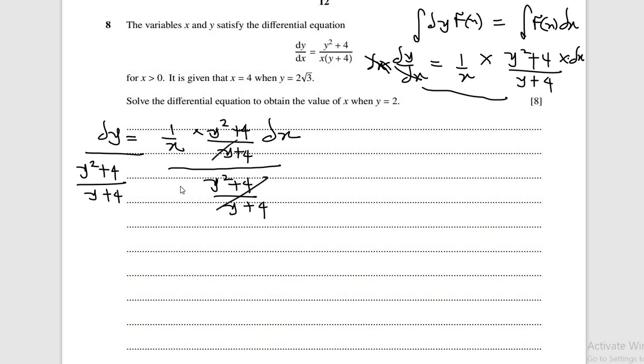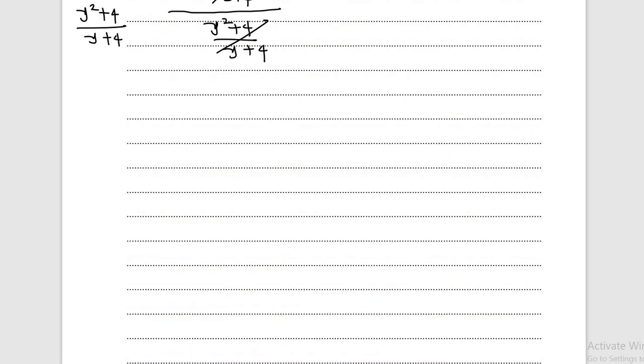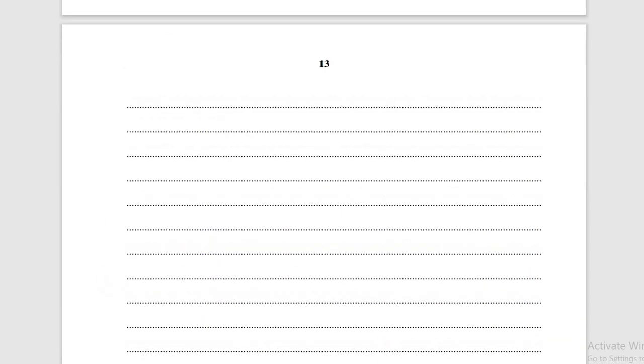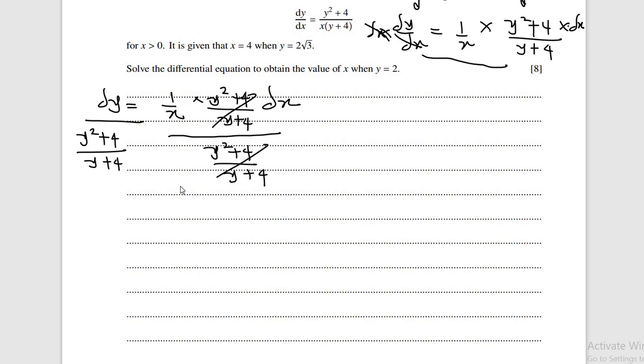So this cancels this. So at the end of the day, we have y over (y squared plus 4) over (y plus 4) equal to 1 over x dx.